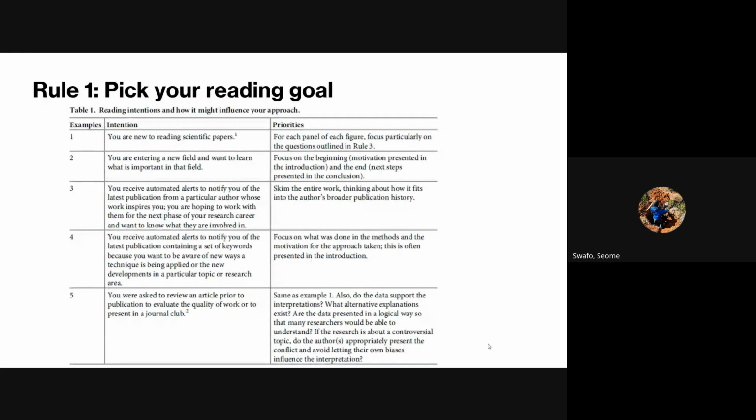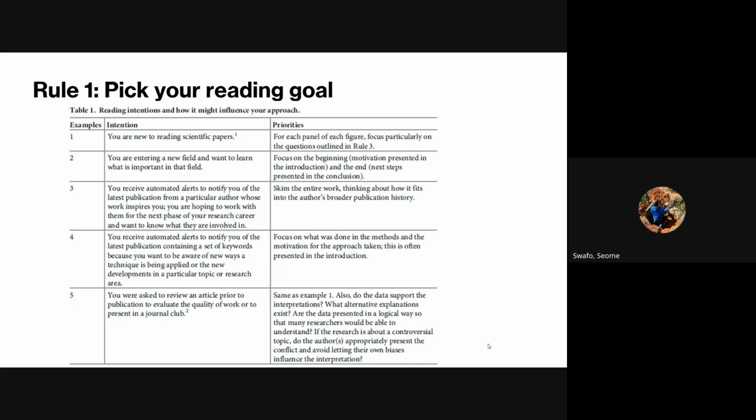Because someone will just say that we have scientific papers, we have scientific articles, but as a new person entering the field, maybe you don't know what scientific papers actually are. So that can be a goal for you, to introduce yourself to what scientific papers are, and that is basically encouraged for those who will be doing their honors, to go and check what this scientific article actually is.